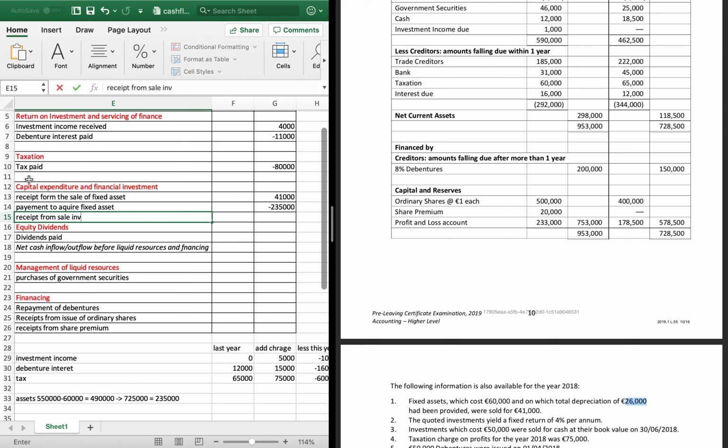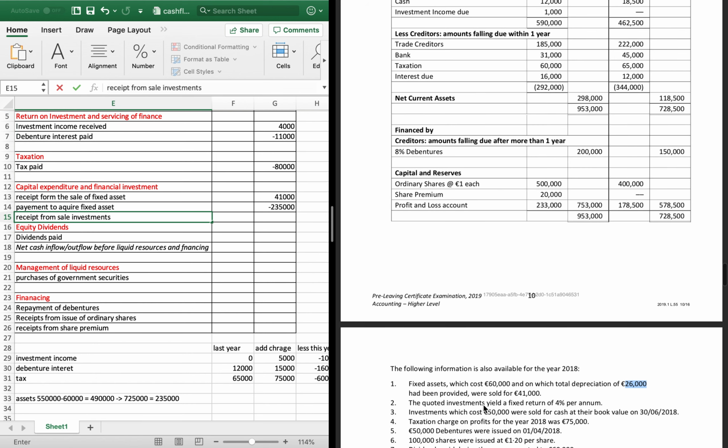We also know that we sold investments. Now that could be something you forget about, but if you remember, the quoted investments, which cost 50, were sold for cash, their book value. So we got 50,000 for those. Now the dividends, we're going to go back to this process.